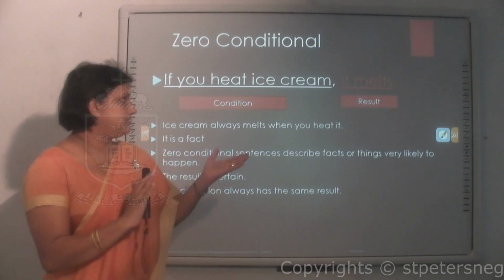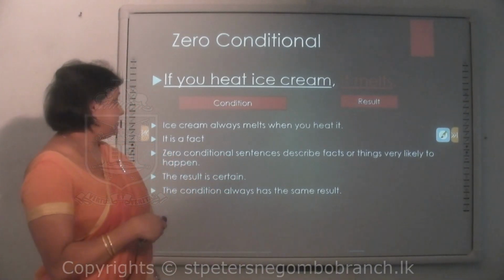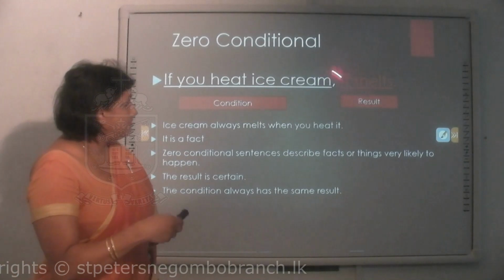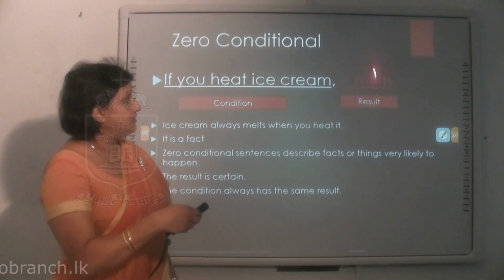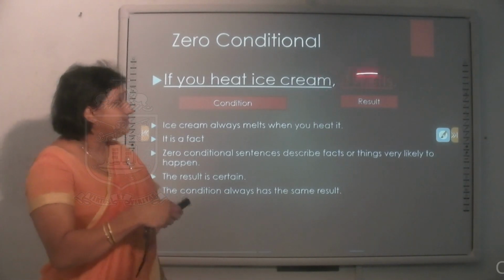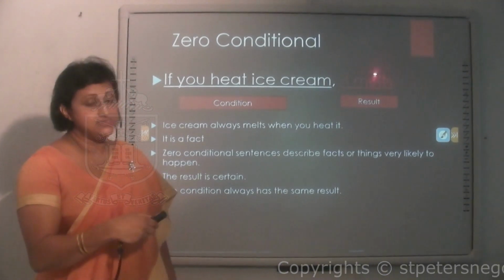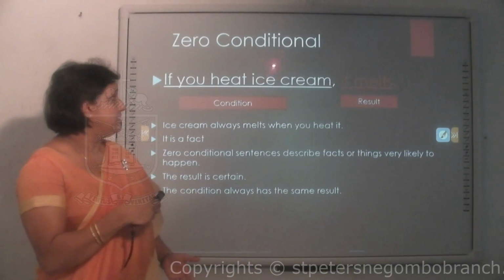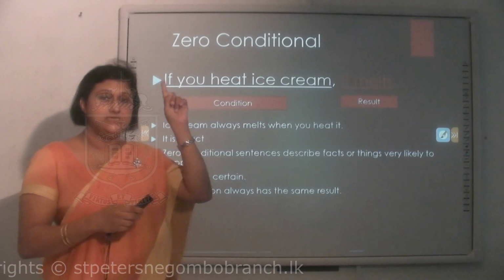Not like conditional type 1, 2, 3, those are simple, but this is very much easier because in this, the tenses in the if clause and the other clause don't change. It melts, that is the result, it doesn't change. Here also the same tense. It's simple present tense. Remember, zero conditional.